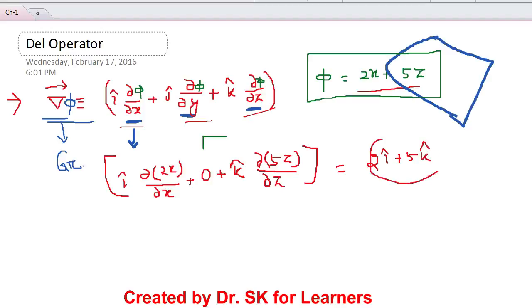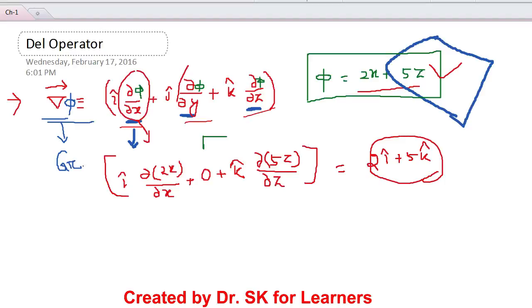So there was a scalar quantity phi, and you did an operation called the del operation or gradient operation, and you arrive at a vector quantity. It's easy to understand. Means if you are multiplying a scalar quantity with the del operator, you'll get a vector quantity. But what does it mean? Why will we use the del operator? As you can see, it differentiates.